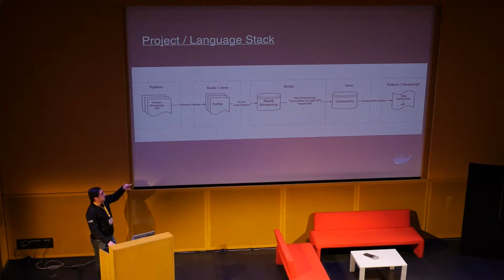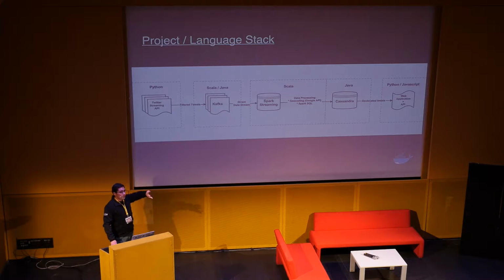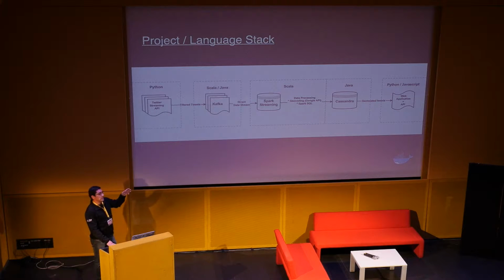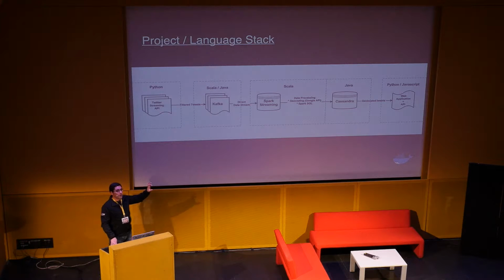In Spark we have a job that processes this data and converts it using the Google APIs. We get the IPs and we convert them into geocoding, and we use Spark SQL to aggregate the data, and we send this aggregated data to Cassandra. And then there is a simple web UI where you can see the data and visualize it on a map in real time.